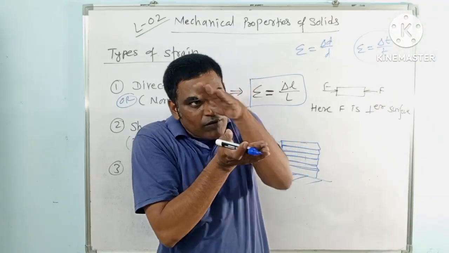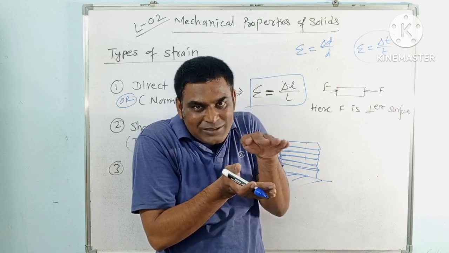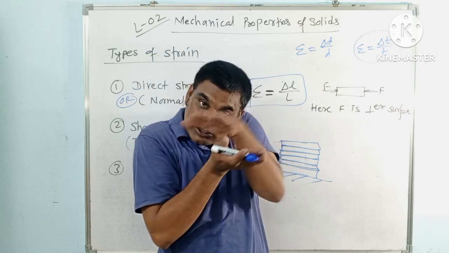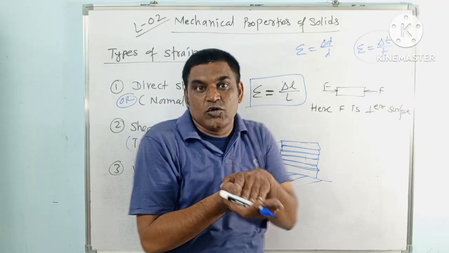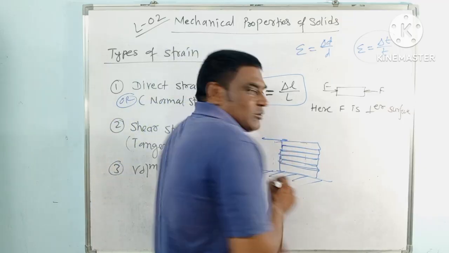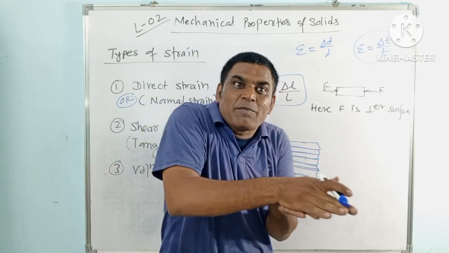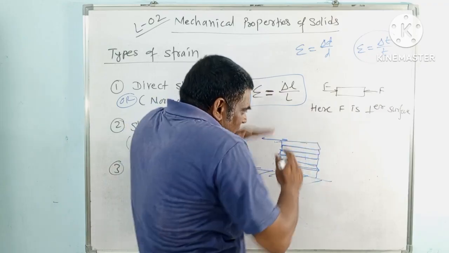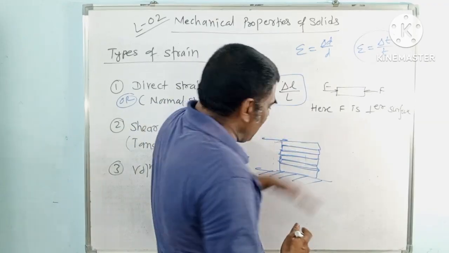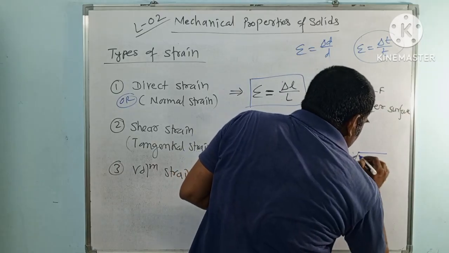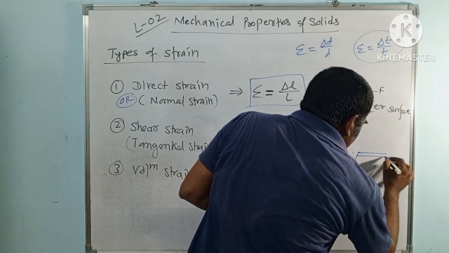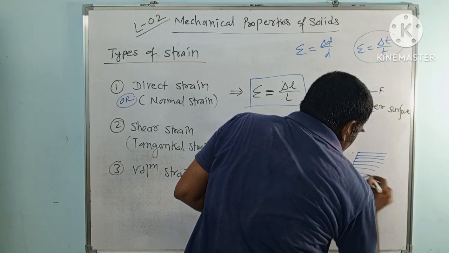Your notebook has one page, another page, third page, fourth page. In the body also such layers are there, in a fluid also such layers are there. So if parallel force, shearing force, is applied on this side, it will apply more force on the top layer, and due to that such a shape will be obtained.